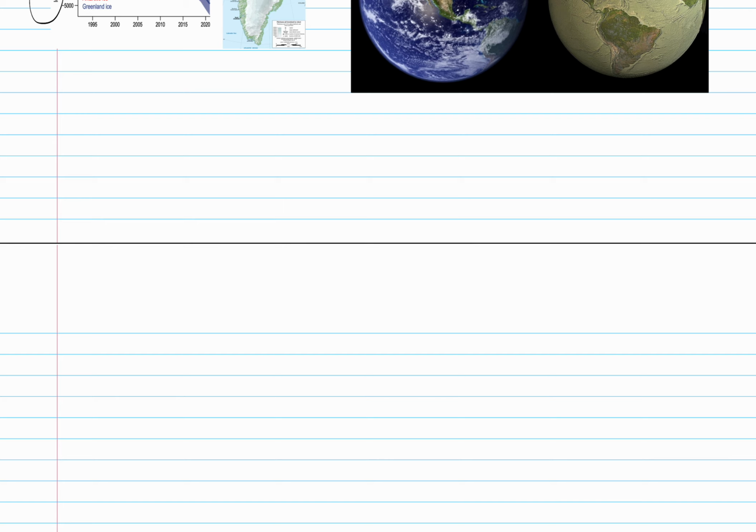Let's get some definitions. We'll just start here with the basics. What is a glacier? There are two types of glaciers, and both types are very slow-moving. I want you to picture something like a meter per day as the kind of rate, and it's either a stream of ice or a sheet of ice.